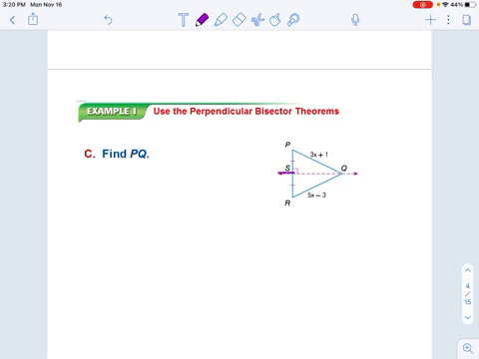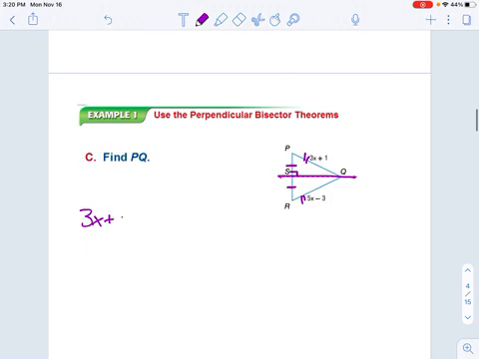Back to the normal perpendicular bisector theorem, we have it perpendicular and bisecting the segment PR. That means these guys are congruent, so set them equal and solve.